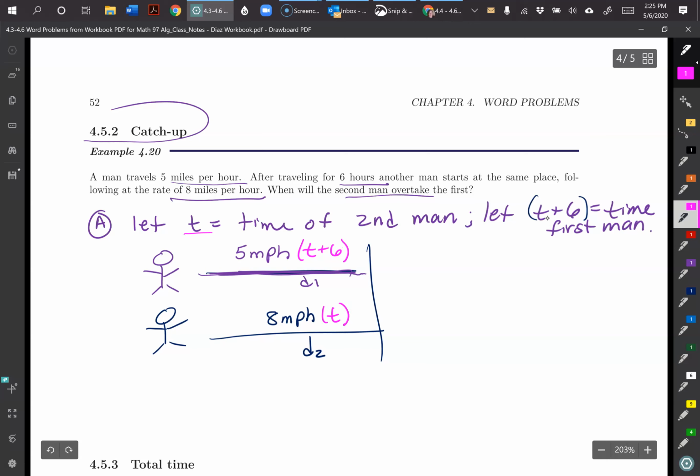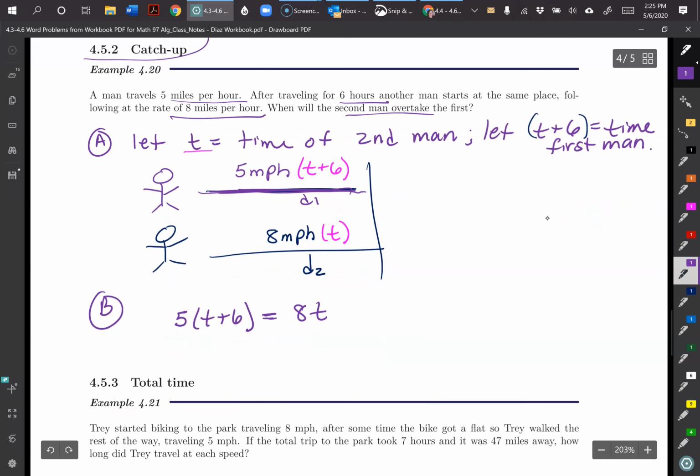So then we can set up our equation to be 5 times the quantity t plus 6, the distance for the first person, which will be equal to 8t, representing the distance for the second person. And now just solve for t by distributing.